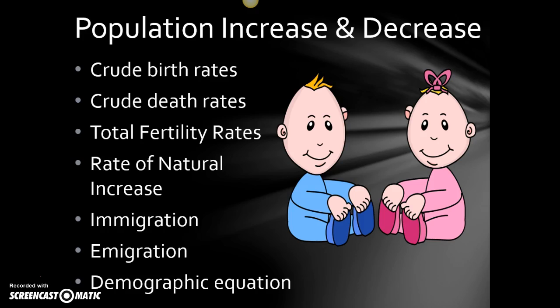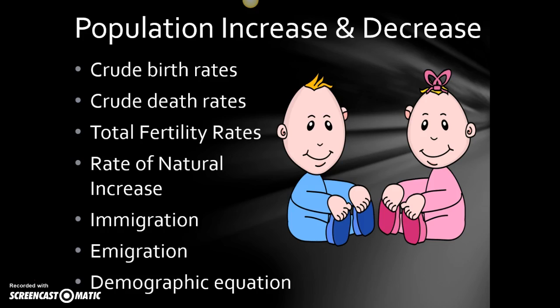And last but not least, when we're talking about population statistics, is this thing called the demographic equation. And it sounds super fancy schmancy, but it's really not. It's just a mathematical equation to predict the rate at which a population is growing, or at least to estimate it, since obviously some of these things are harder to get numbers for than others. And the demographic equation goes like this.